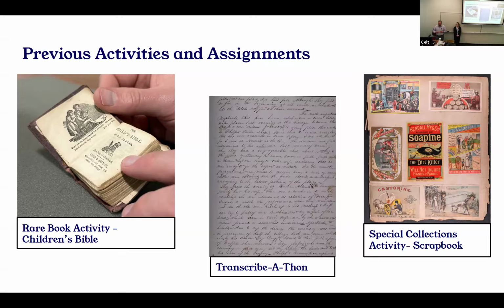This particular scrapbook had 27 pages of all these different sorts of cards that would have been promoting businesses in the local area. While we could provide the digital version for them to use after the class, we also had them interact with the physical so they could see a difference as well. They really learned a little more about these materials and also visited archives and special collections.